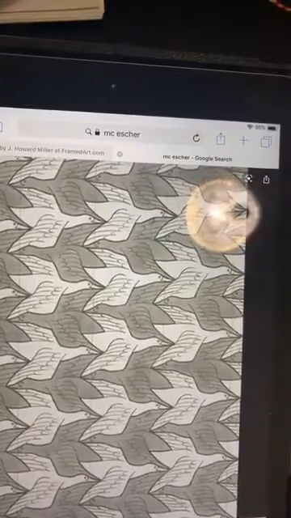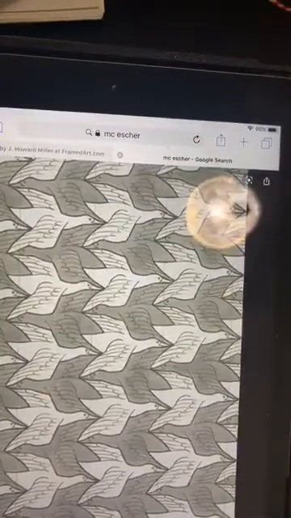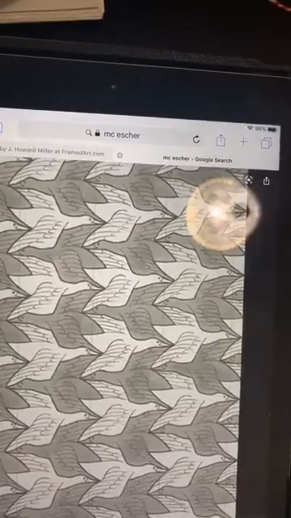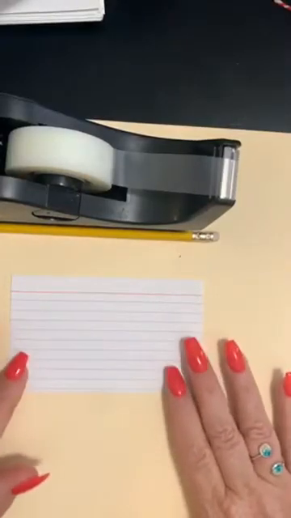We're going to do the first 3 tessellations that MC Escher learned how to do. And they're made with squares. So that's why I said everyone's going to need their actual paper or index cards like this, okay? And I'm going to put this on black paper so you guys can see this a little bit better.